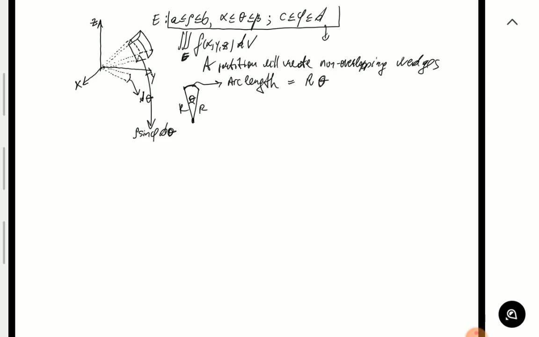So the radius of that tiny segment of a circle created by a partition on theta is going to be rho sine of phi. The length of the little arc created by the partition is going to be rho sine of phi d theta. So that's one side of that wedge.